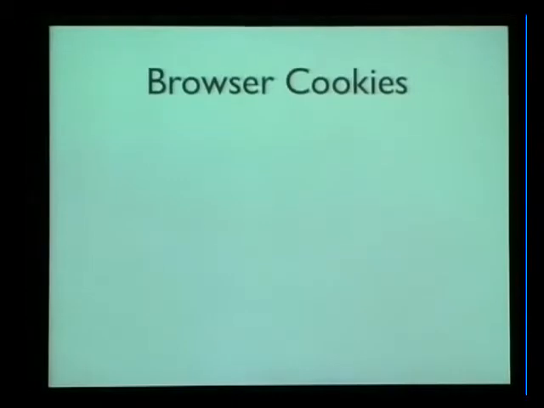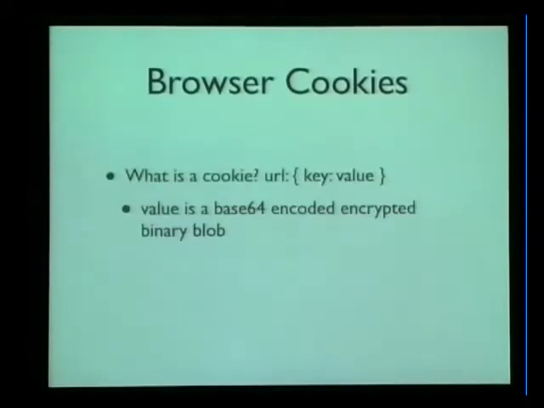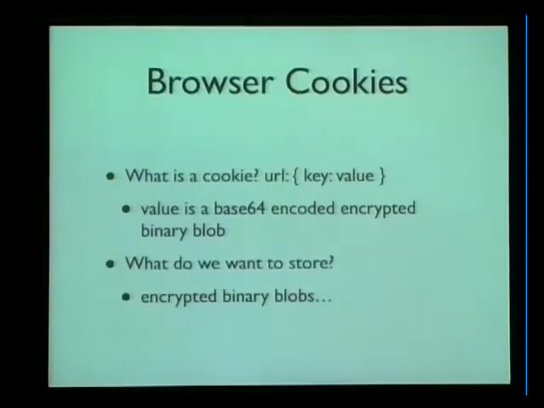So we're going to look at browser cookies. First of all, what is a cookie? It's very simple. A cookie is a URL that's been associated with some sort of key, a variable name, and a value. And chances are that value is a base 64 encoded chunk of encrypted binary data that's been sent to you by the website. Well, what do we want to store?